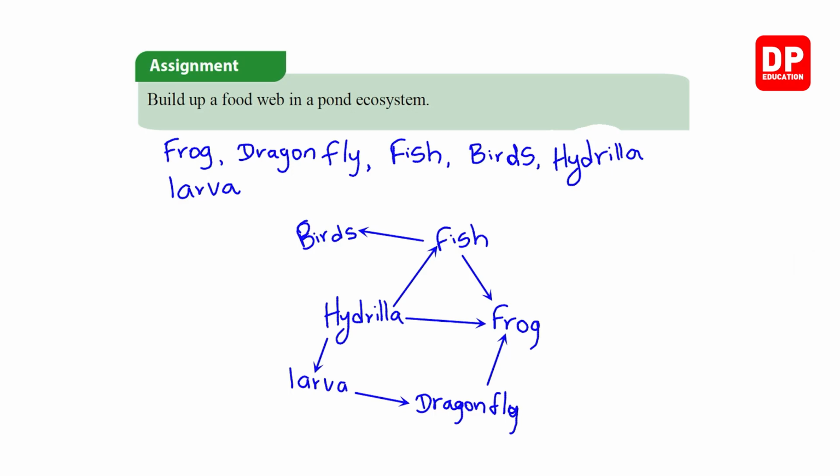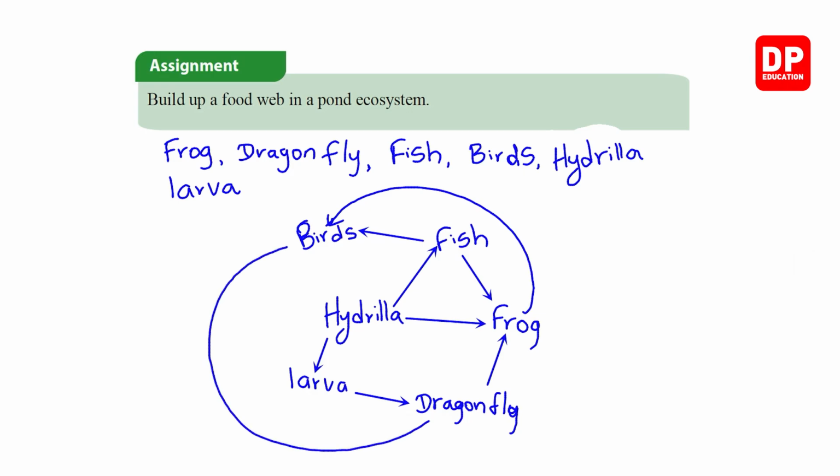Okay, there are 6 organisms. Now we have to interconnect the other lines. So there are birds which are going to feed on frog as well. So this is also another line. And there are some special birds which can even feed on dragonflies and also on larva too.